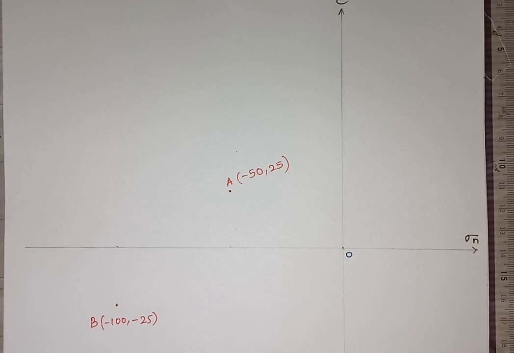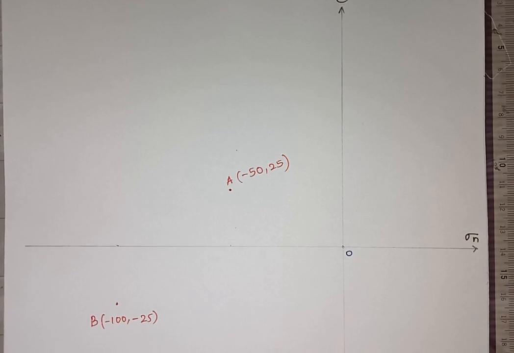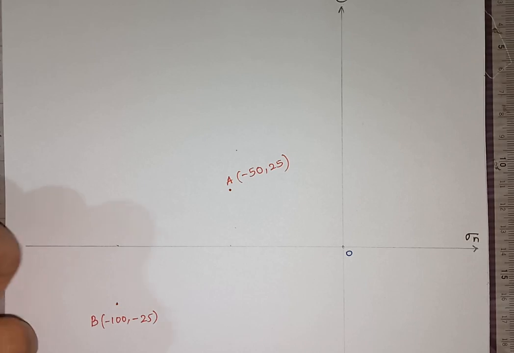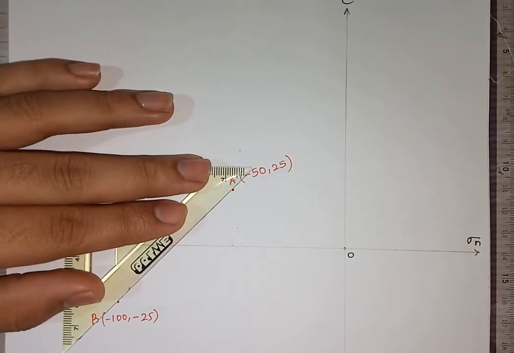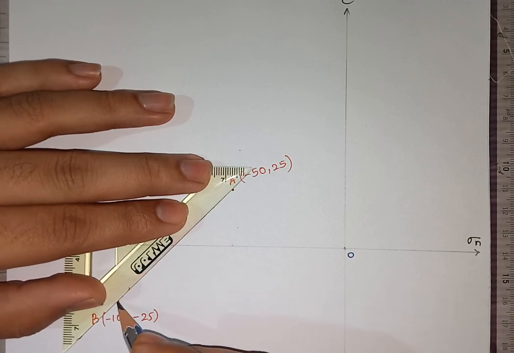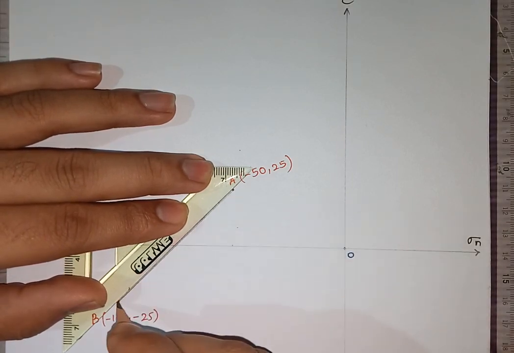So once this is done correctly, thereafter you need to join A and B. You know the procedure, we need to join A and B. So I'll join A and B, right?